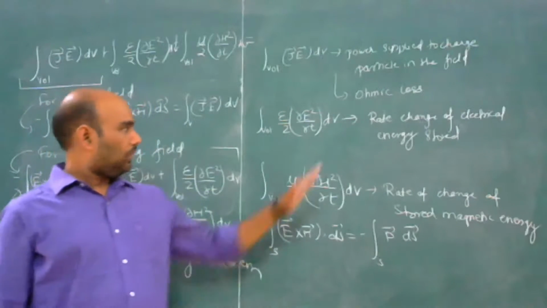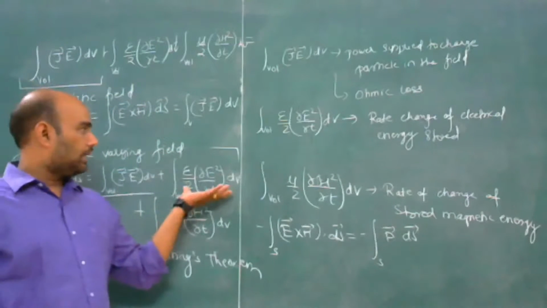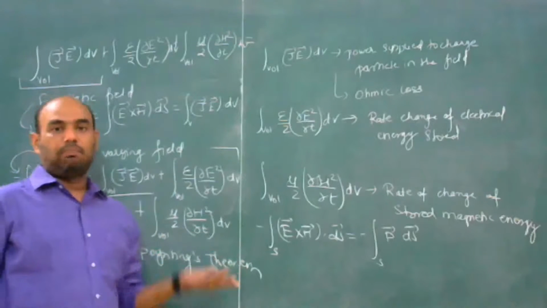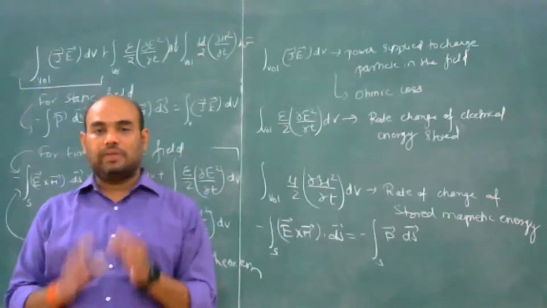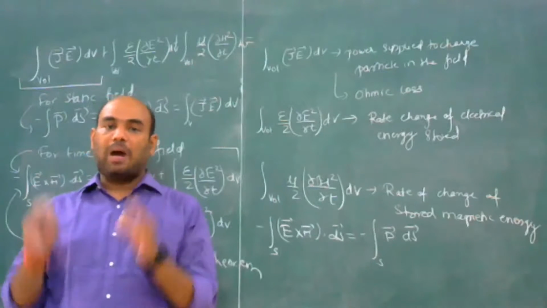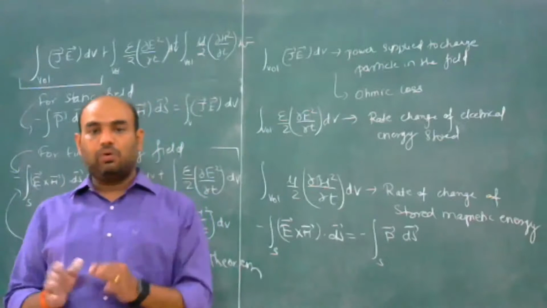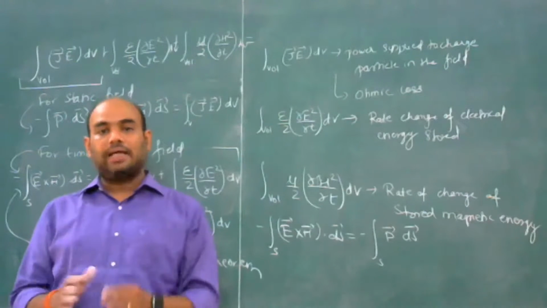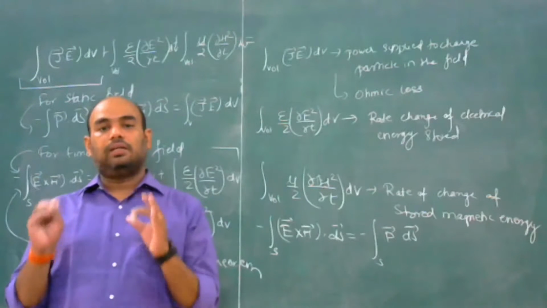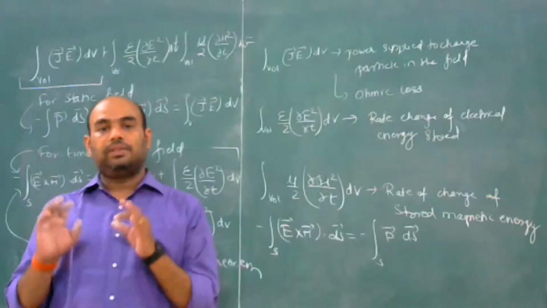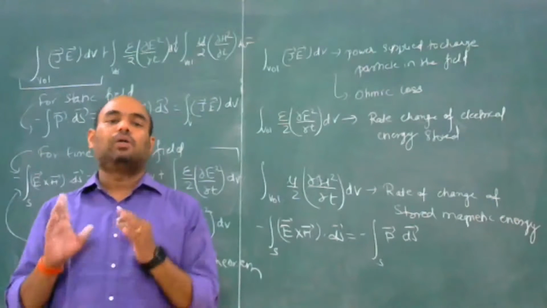So it includes the ohmic loss, energy stored in the electric field and energy stored in the magnetic field. So we can conclude that the Poynting theorem states that the net power flowing out of any volume V is equal to the time rate of change in energy stored within the volume V plus the ohmic losses.